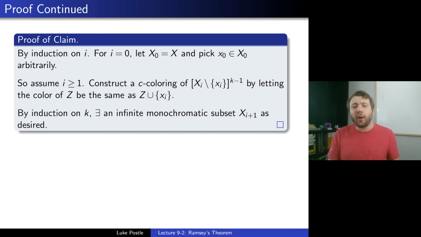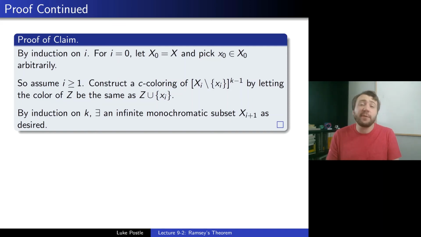Because it'll be monochromatic there, so the sets xi union Z will all be the same color for Z in that subset, and it's infinite as we wanted. And clearly a subset of Xi minus little xi. So that's the nice trick: you use the induction on k, and that you can do the infinite. Okay, so that's our proof of the claim.